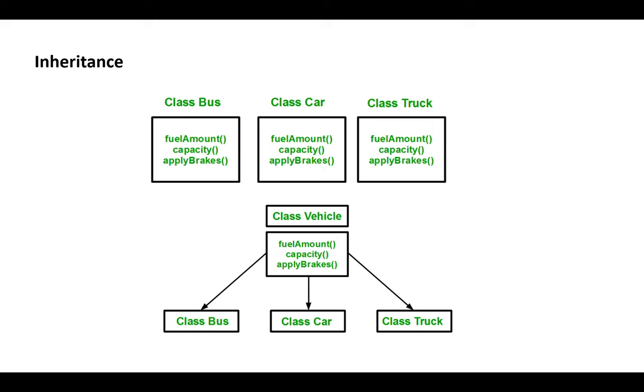Create a base class called vehicle, write these features only once, and reuse them in each of the subclasses. From the base class, create derived classes such as class bus, class car and class truck.